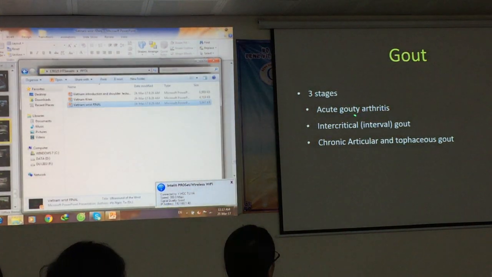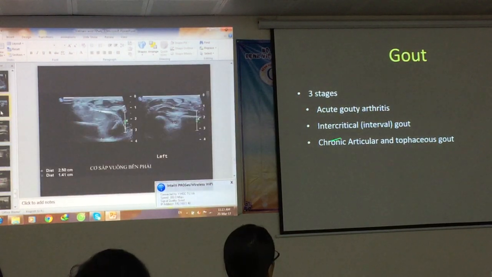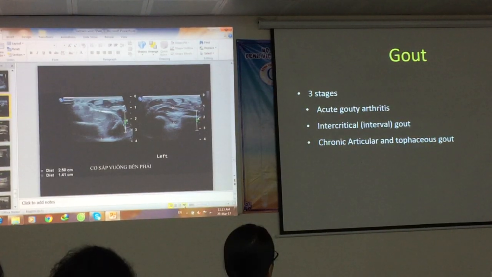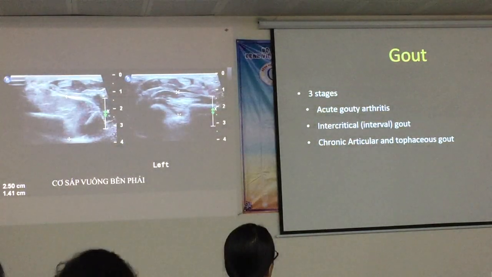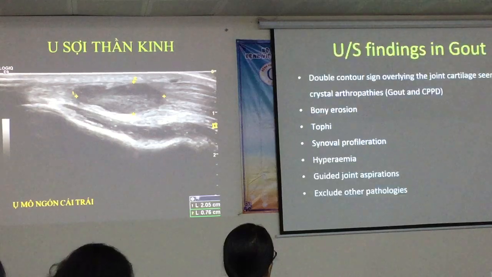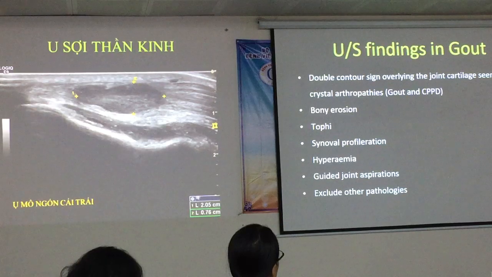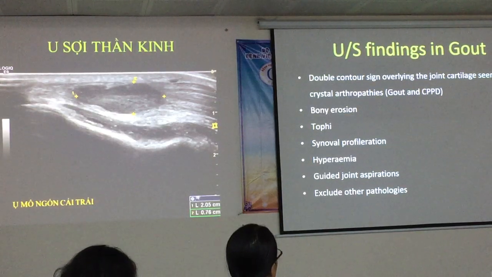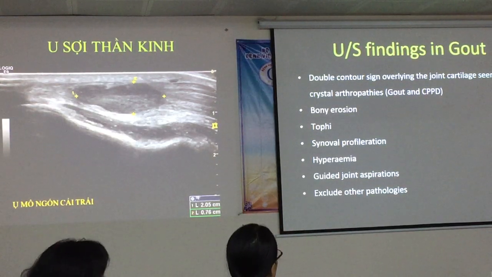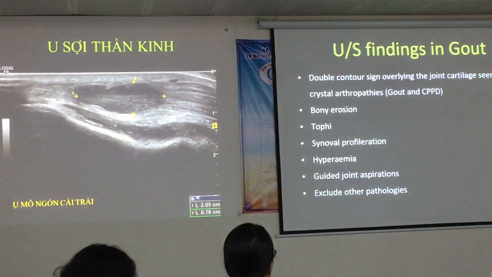So we get the acute gouty arthritis, and the critical intermediate gout, and also chronic or the tophaceous gout. So they've found that there's the double contour sign, which is sensitive for looking at crystalline arthropathy.